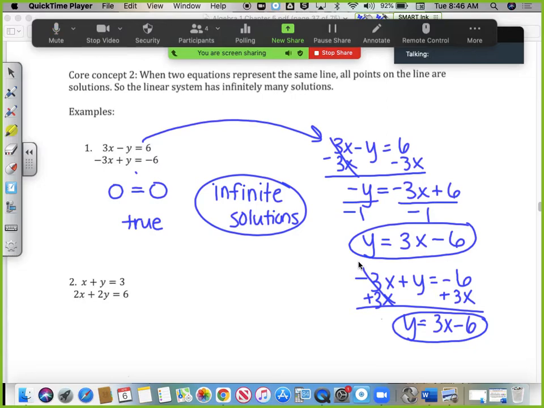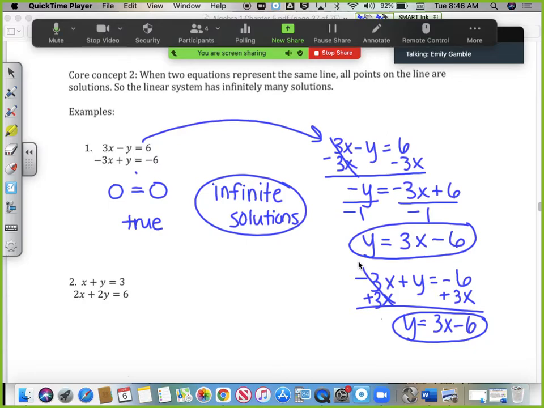Okay? Number 2, we will have to solve it. If you didn't already know, you're probably already guessing that it's going to be the same type of situation, and it will. But if you didn't know that, you would have to know how to solve number 2. You have an option. I think they're equal in difficulty. You can either use substitution, which would require you to solve for one of the x's or y's, which the first x or the first y would be easier.